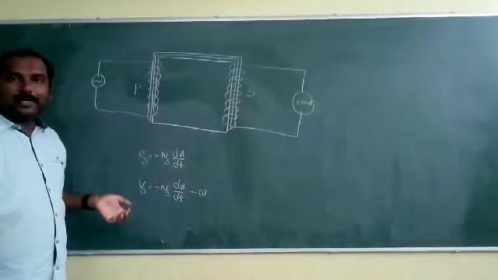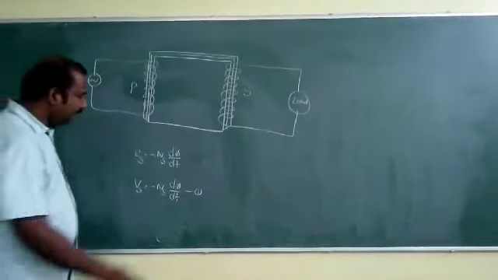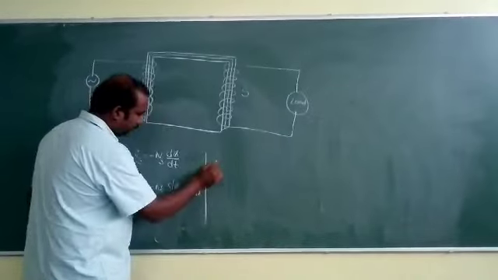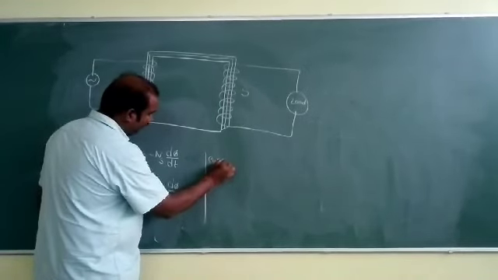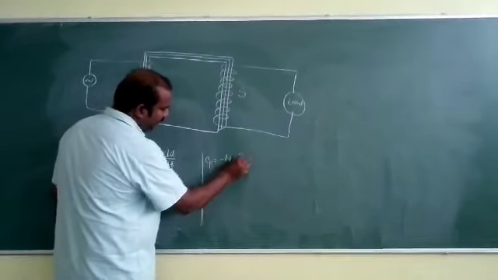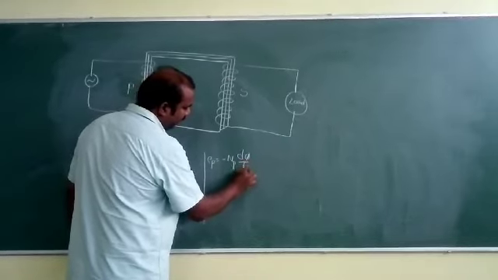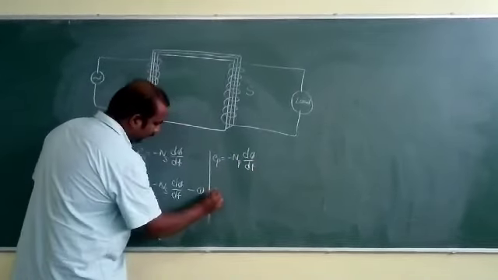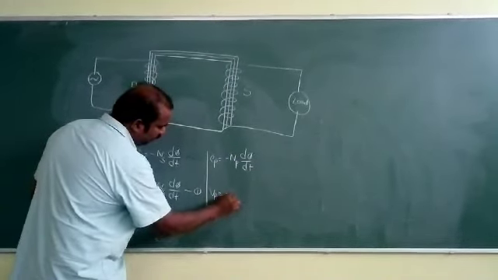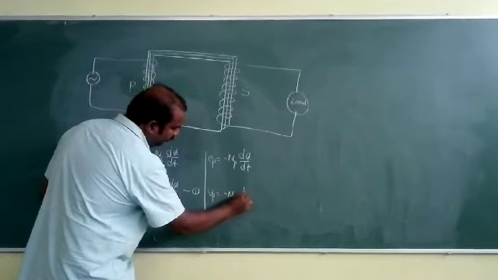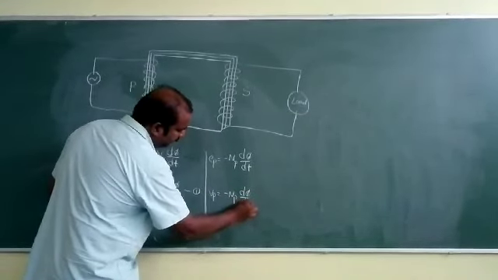Now, in the primary coil also a back EMF is produced, Ep = -Np dΦ/dt, or Vp = -Np dΦ/dt.